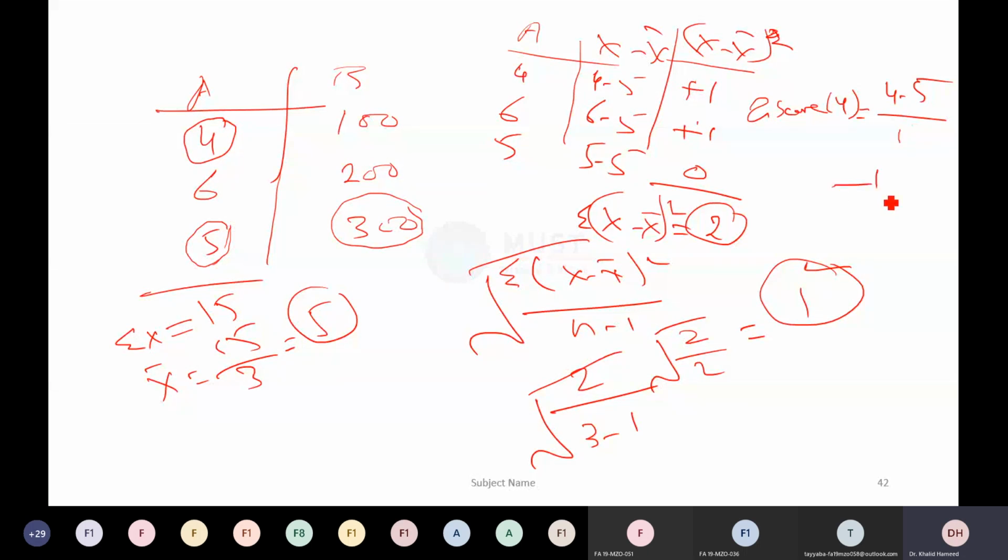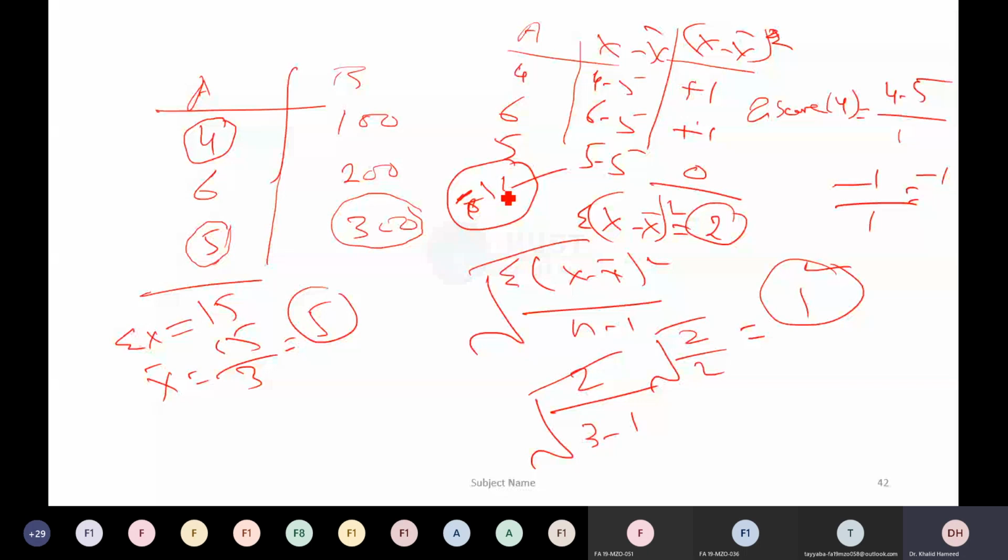So it will be minus 1 divided by 1, that is equal to minus 1. So this tells us that this observation is one standard deviation away from the mean. You do not need to include those minus and plus signs, you just ignore them, because in your description you just need to say it's one standard deviation away from the mean, and this minus sign indicates that it's one standard deviation below the mean.